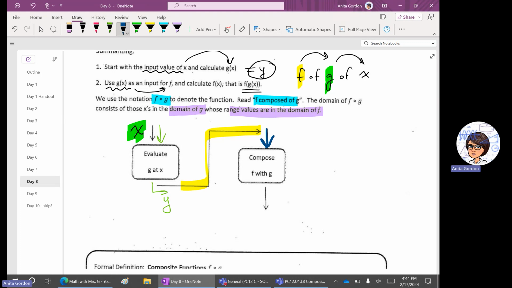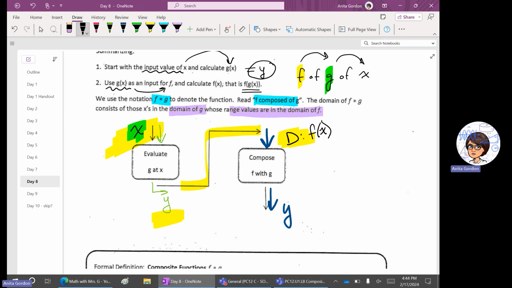And when we put them into the function f, we get y values from the function f. So when we talk about the domain, the x values that we choose have to work for the function g, and the y values that come out have to work as x values, so as the domain for the function f.